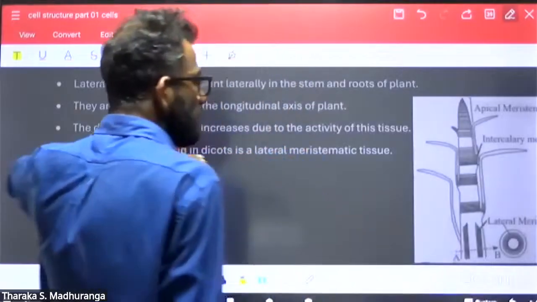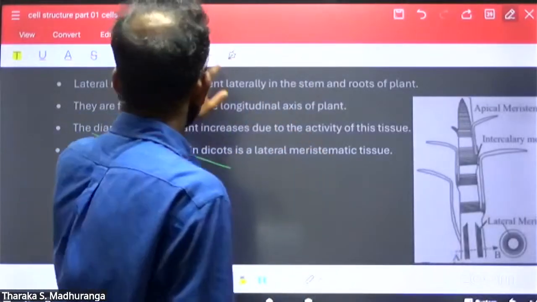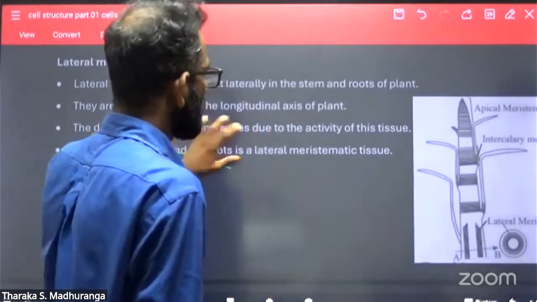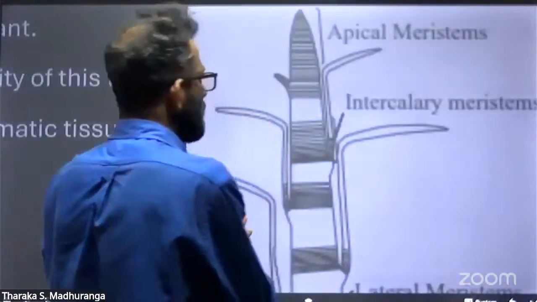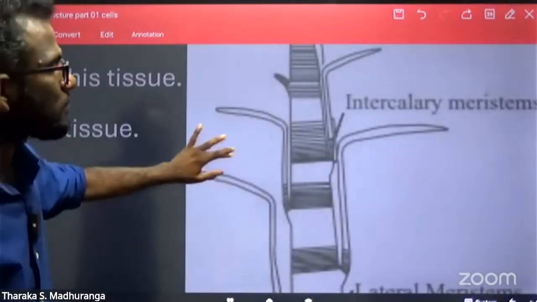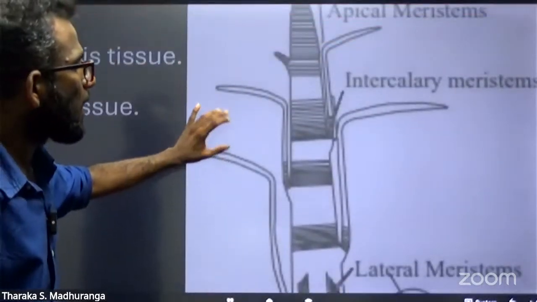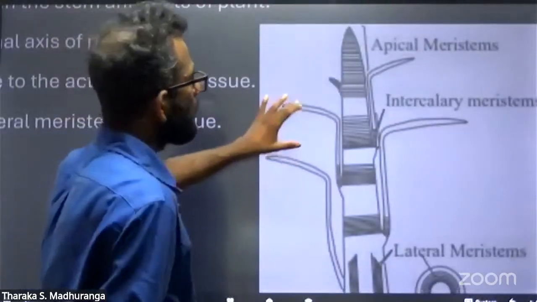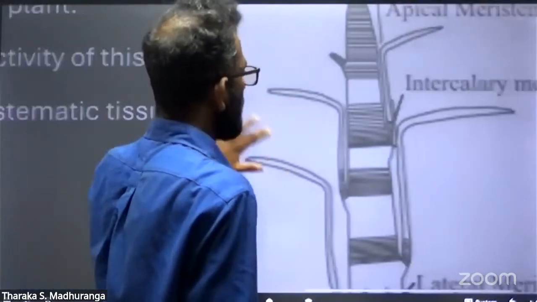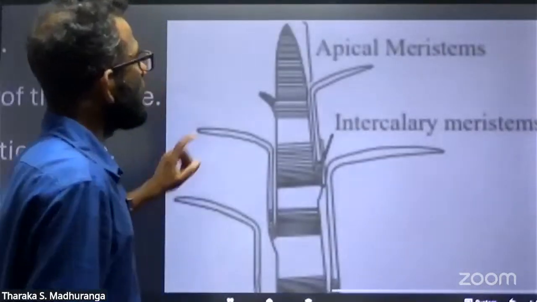Okay, I have given it here. See, this is apical meristems.